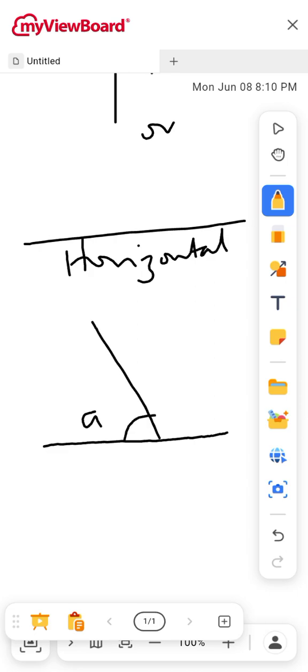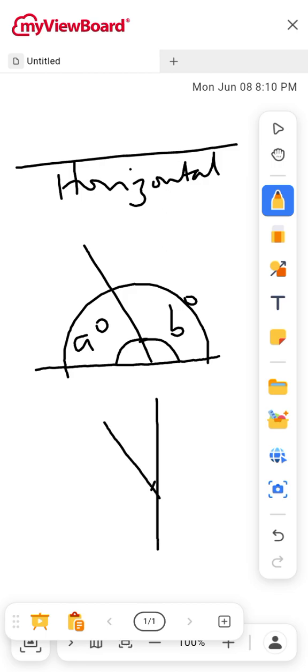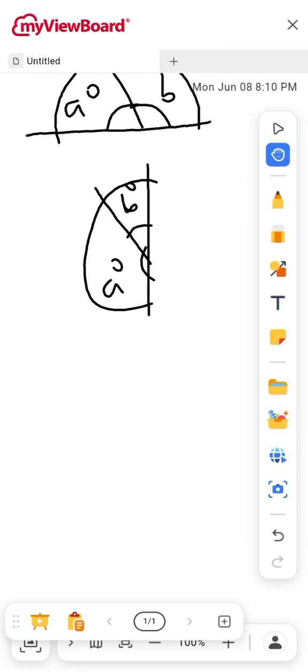Let's say you have this straight line and you have A, you have B here. Once you connect all the lines together and you have the shape of a semicircle, that is a straight line. So we can have it horizontal or vertical. Once you connect the dots and it gives you the shape of a semicircle, the sum of angles there is 180 degrees.